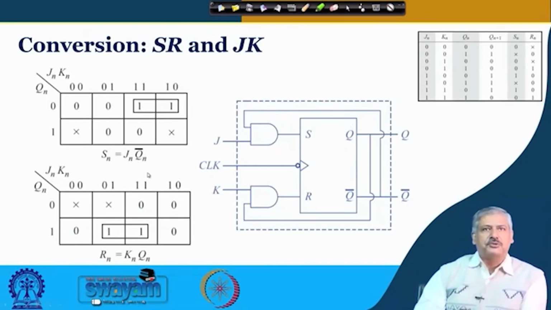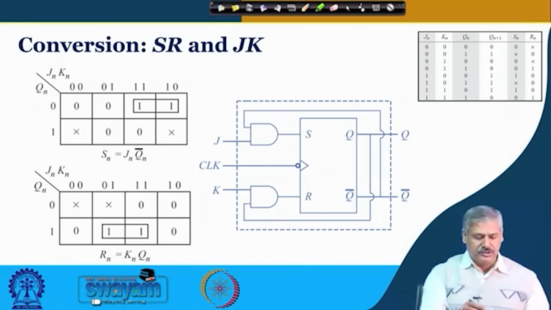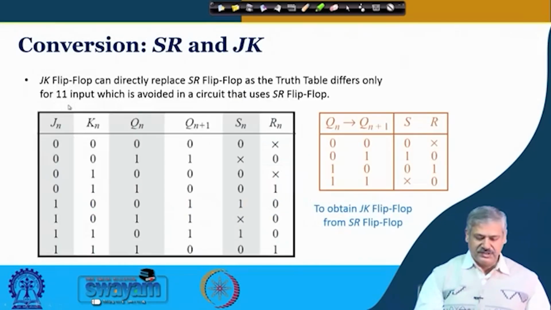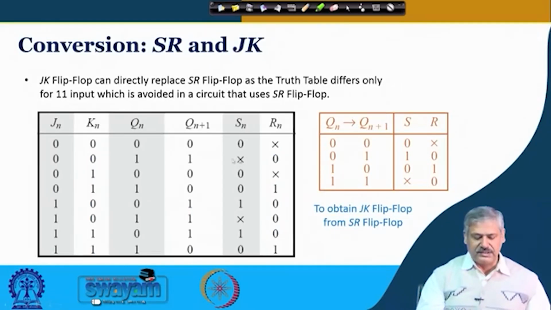In one case this is what we get: 0 0 1 1 cross 0 0 x. You can see for Jn, Kn, Qn as 0 0 0 it is 0 Sn. Here, 0 0 with Qn as 1, this is x.